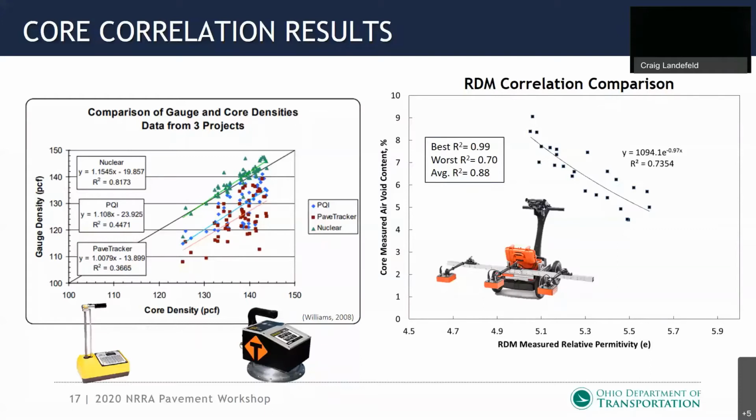So most folks that are paving contractors that pave in Ohio utilize nuclear gauges on site, and I think they believe the results that we get from those gauges. So if you're inclined to believe the results you can get from a calibrated nuclear density gauge, you should believe the results that the RDM machine will give you, because the correlations are very comparable to better with the RDM unit.